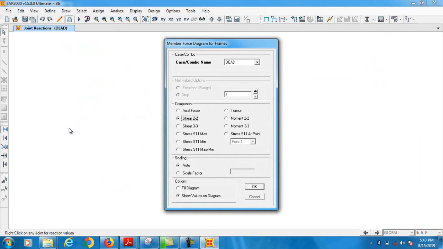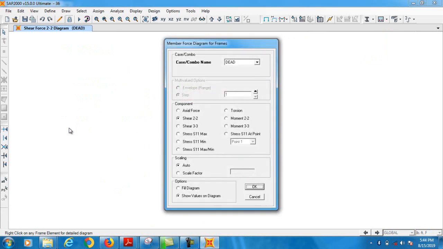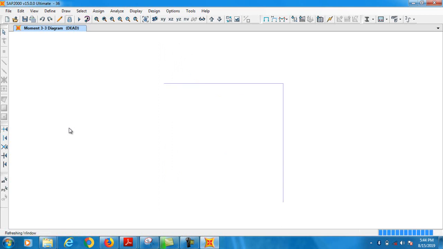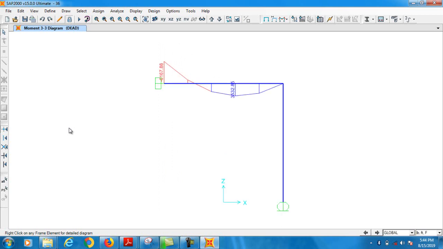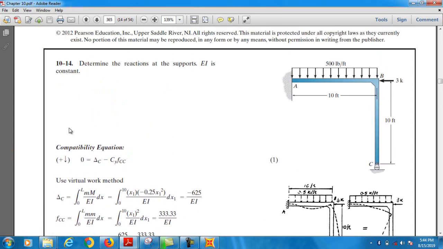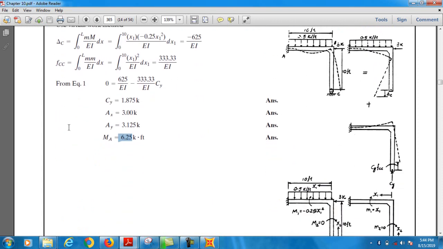This is the shear force diagram. Okay, and this will be the moment diagram. Clear? This will be the moment diagram. So you see there, the maximum moment is this one, and if you divide this, you can see the reaction at A is 6,250 pound-feet.